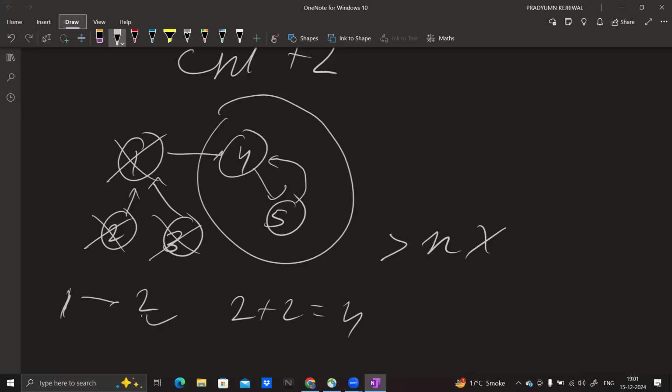Right? Actually, more than n minus 1, because in each we are deleting at least one node. So in the end, we will be left with a cycle. That's my point. So therefore, it won't give TLE because it is of n basically.